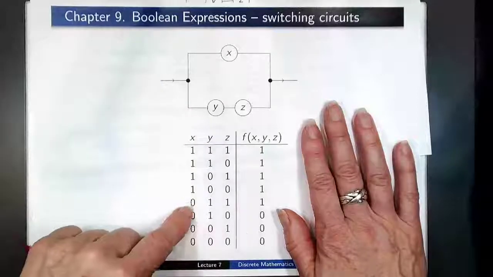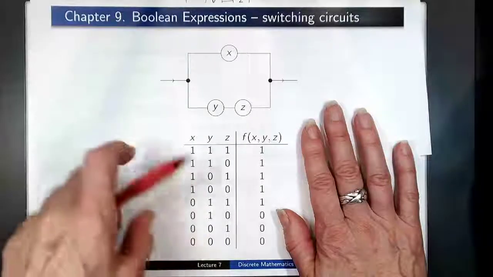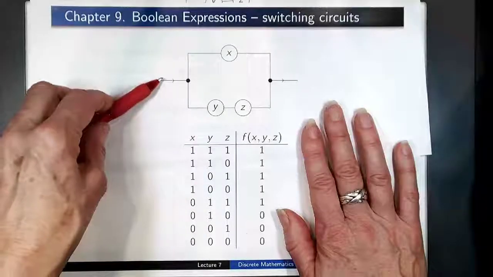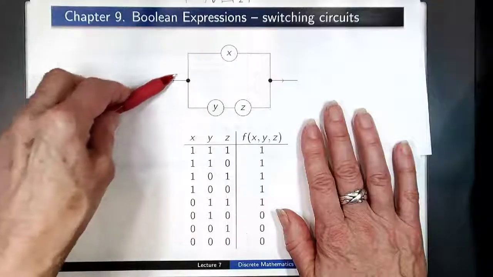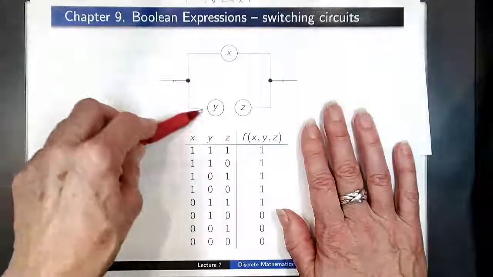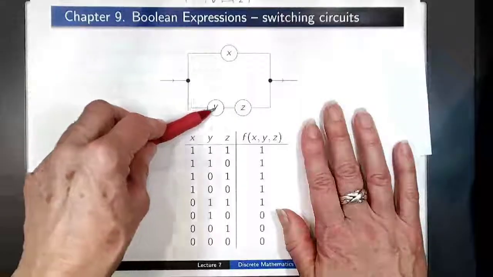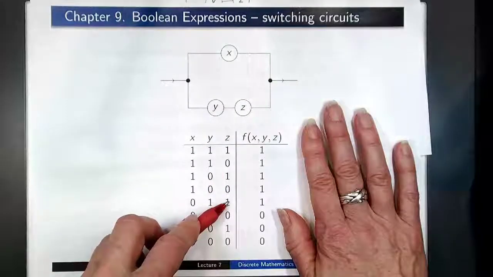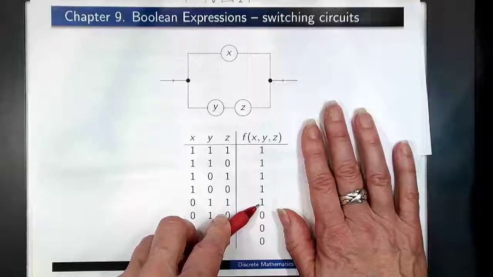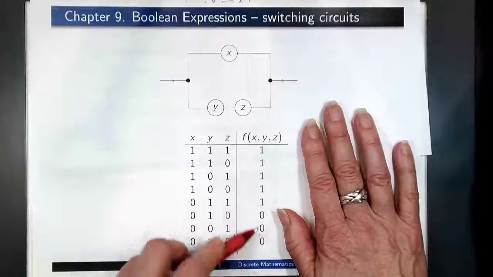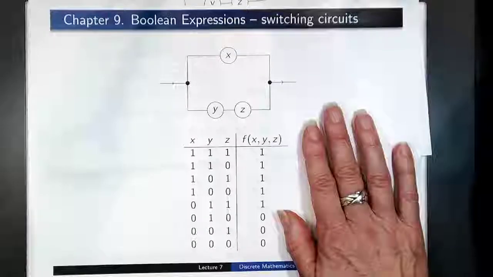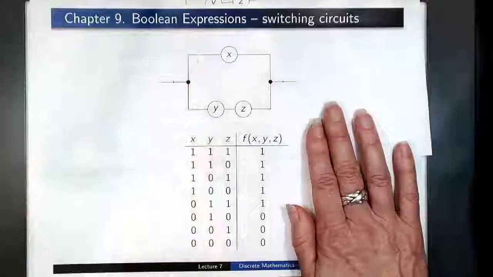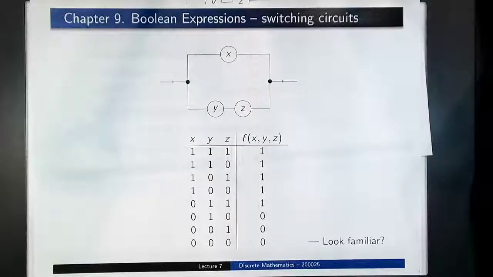Okay, now for the other cases here, if that's off, the only way we can get current flowing is if it goes this way, and the only way that can happen is if Y is on and Z is on. So Y is on and Z is on gives us 1 there. And the other cases give us 0. So that's the Boolean function that describes that circuit. And you've seen this before.